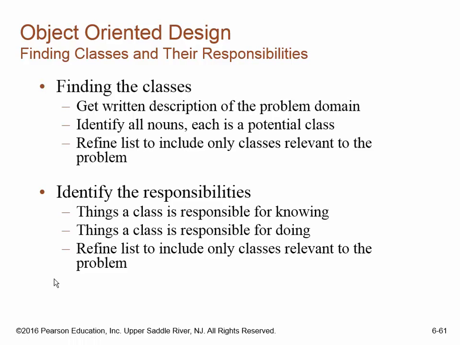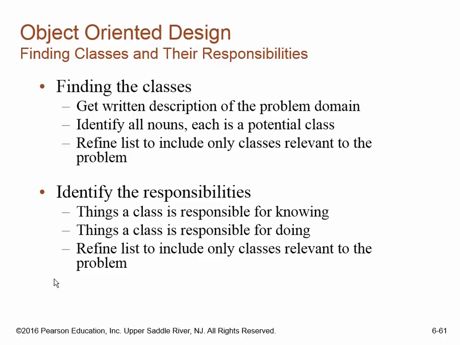And the very last thing that's mentioned in the chapter is the author says that when you're going through requirements and you're trying to find classes, you're given some specs. You'll typically go and identify all the nouns that are in your requirements or your specification. That's your problem domain. Each one of those nouns is potentially a class, but you'll go through them and realize some of them are not classes.